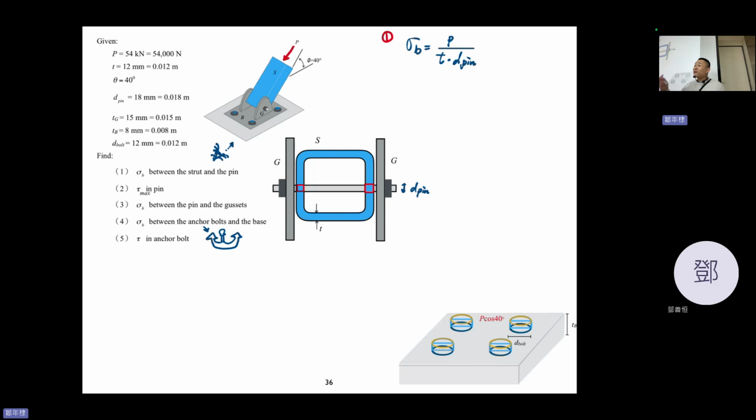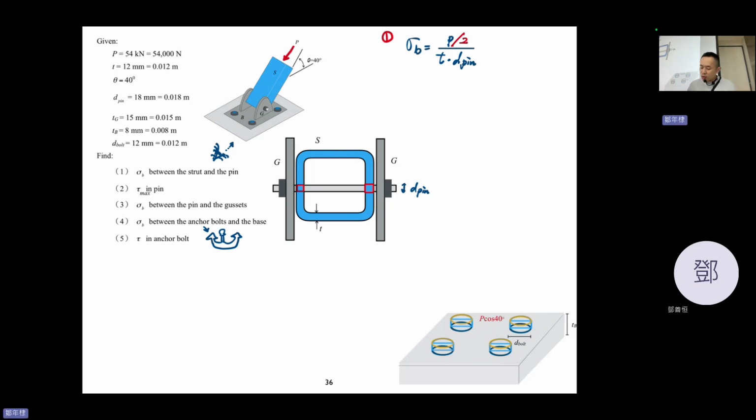But you have two areas, so either you multiply by two, or you say each area has half of P. Both are okay because these two bearing stresses are the same.